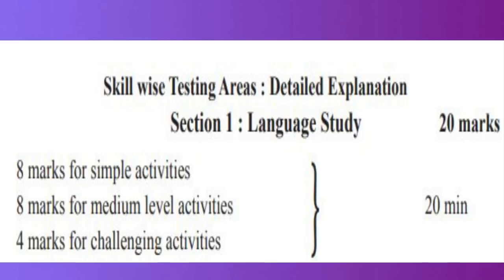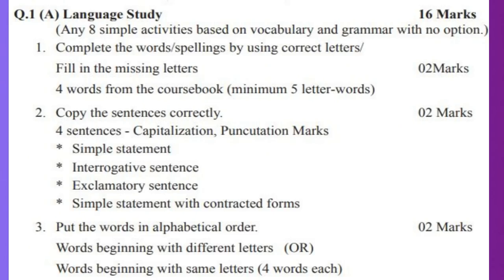These activities one has to finish within 20 minutes. Now let's see question-wise activities. Question number 1A, language study, for 16 marks. Any 8 simple activities based on vocabulary and grammar with no option.